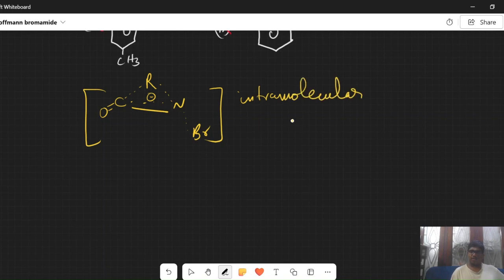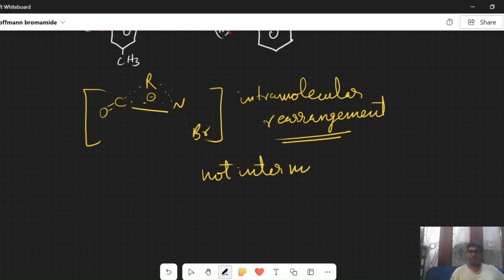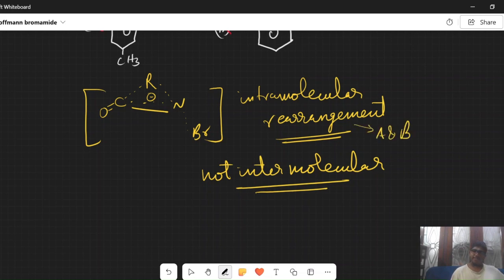Intramolecular rearrangement, not intermolecular. So if intramolecular rearrangement happens, A and B are possible. Therefore, as intermolecular is not occurring, C and D are not possible.